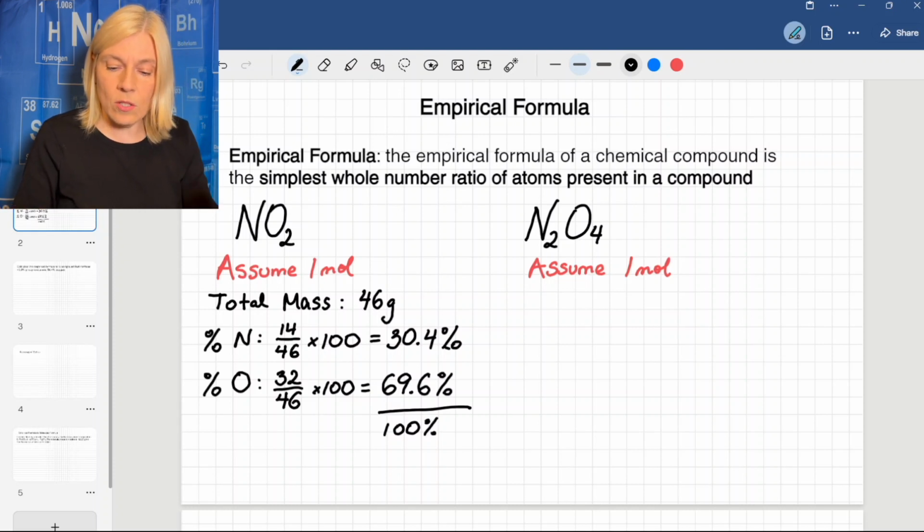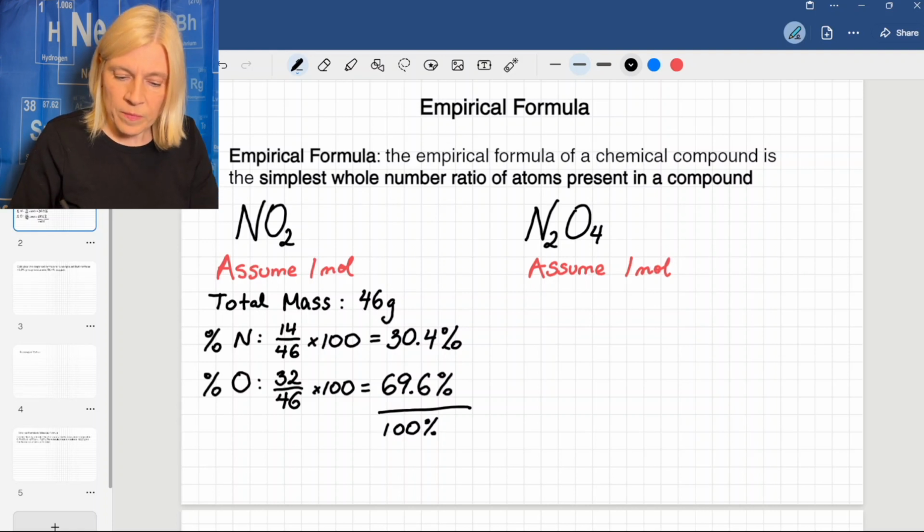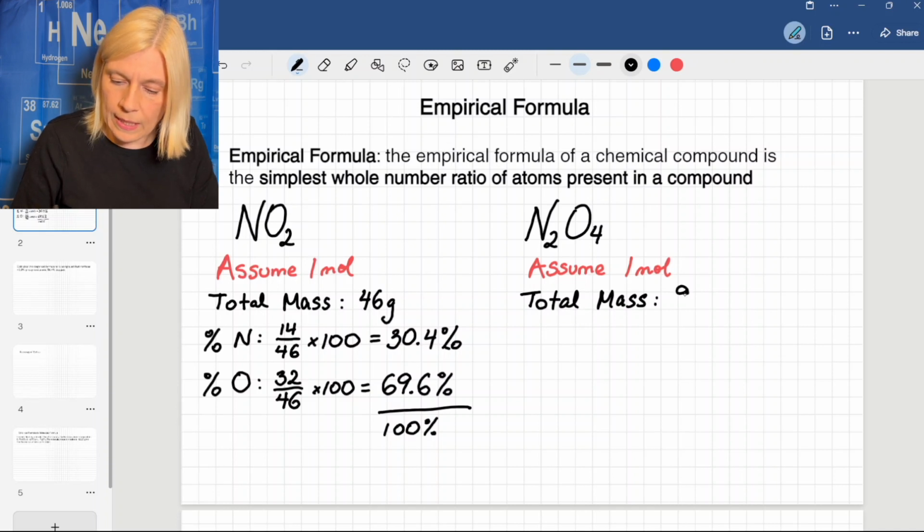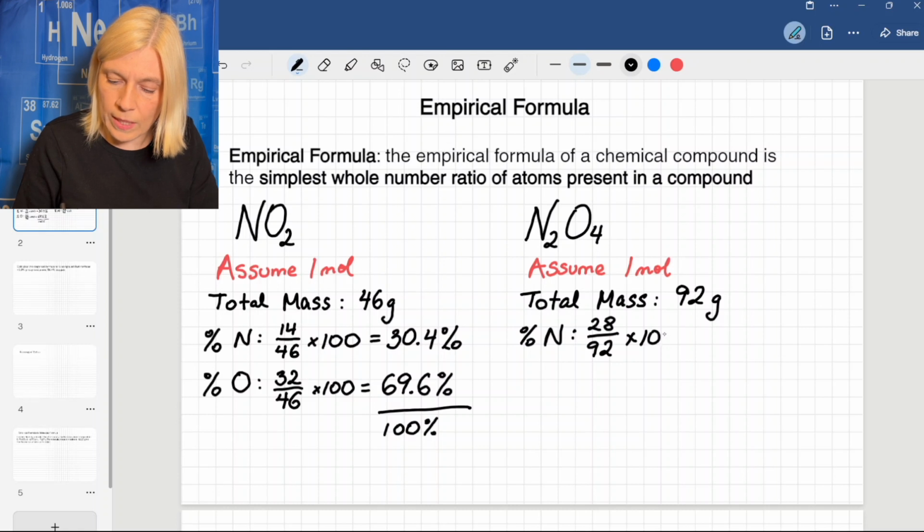Let's do quickly the same thing for dinitrogen tetraoxide, and we're going to see that the total mass of that compound, if we assume 1 mole, will be 92 grams. And we're going to do percent composition of nitrogen. Well, we're going to do now 28 divided by 92 times 100.